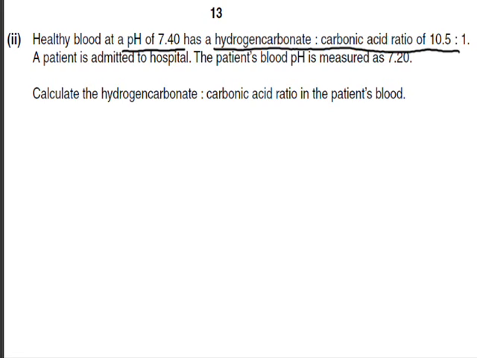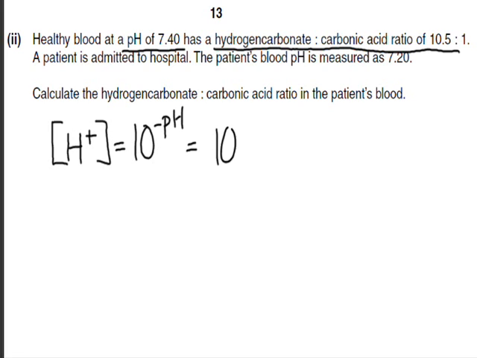If you've got a pH value, immediately calculate the concentration of H+, which is equal to 10 to the minus pH, so 10 to the minus 7.40, which is 3.98 times 10 to the minus 8 moles per decimeter cubed.